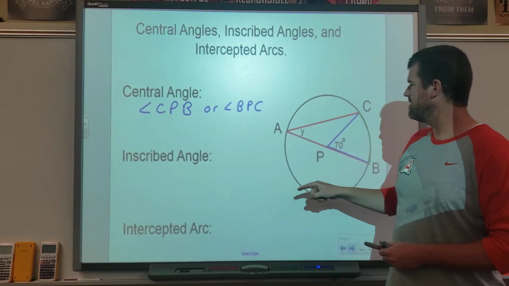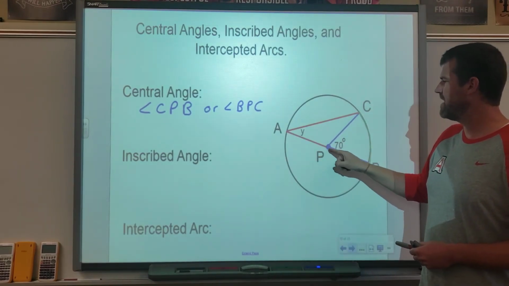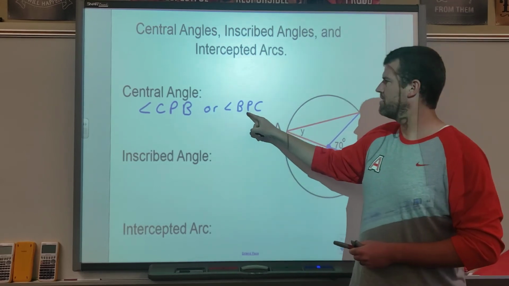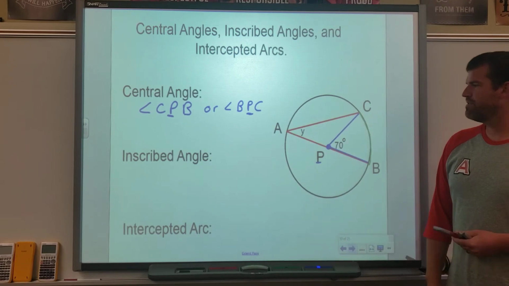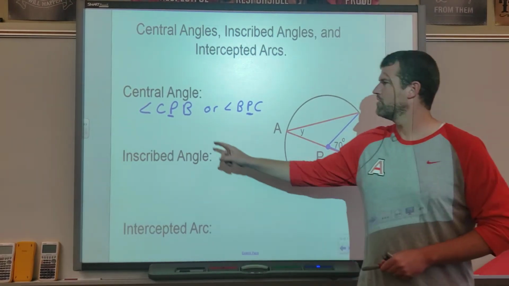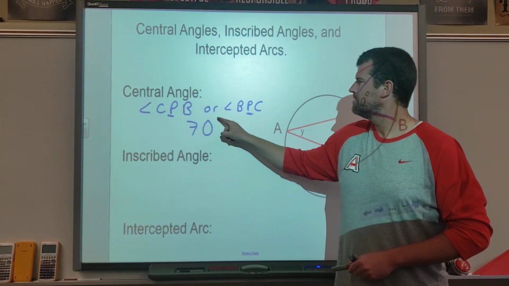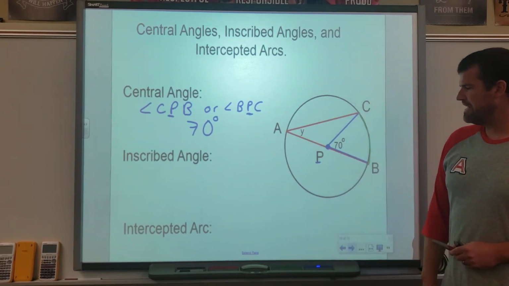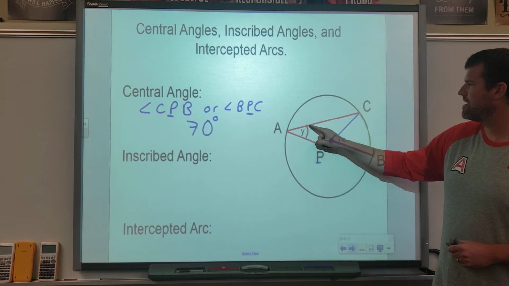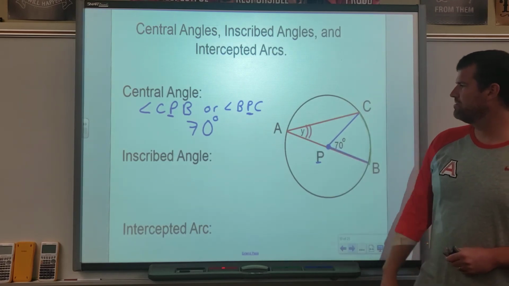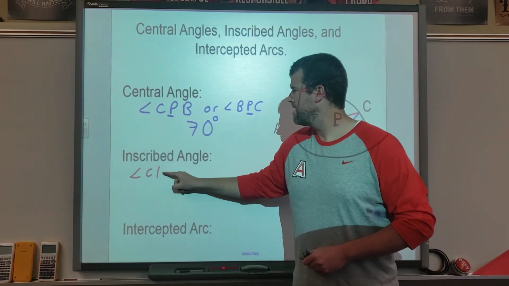But the key point is the vertex of the angle is P, so that goes in the middle. And based on this diagram, the measure of that angle is 70 degrees. The inscribed angle is the angle that is on this inner edge right here. So that's angle CAB.